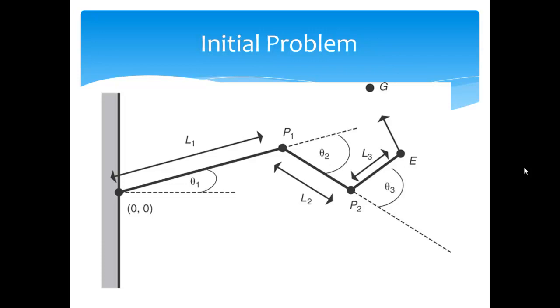So say, for instance, our E reaches that G, our P2 can have multiple angles to reach that G, or our P1, according to how that E is going to reach G. And one thing that we're looking to optimize is to find something that's the most natural. So if this is a robotic arm or a human arm in general, we want it to look as natural as possible without having any sort of weird effects.